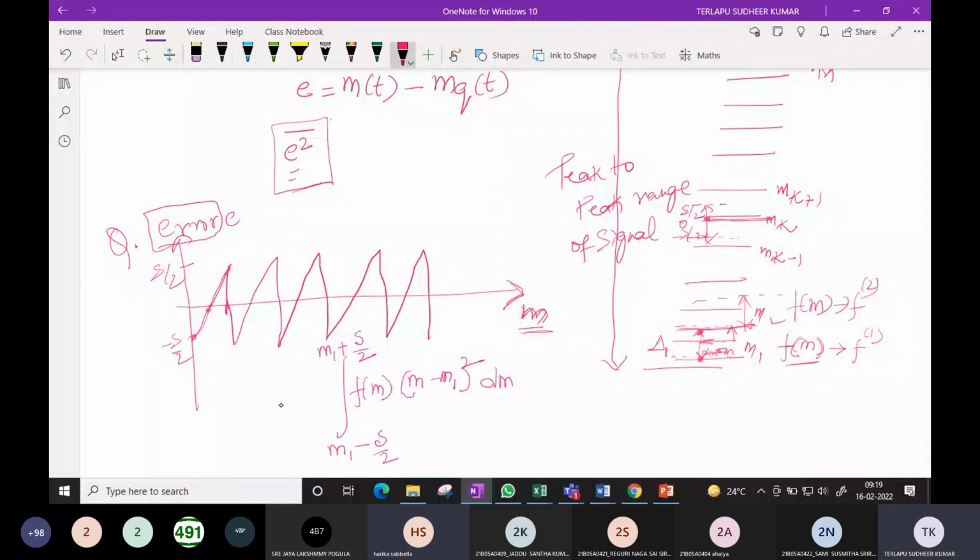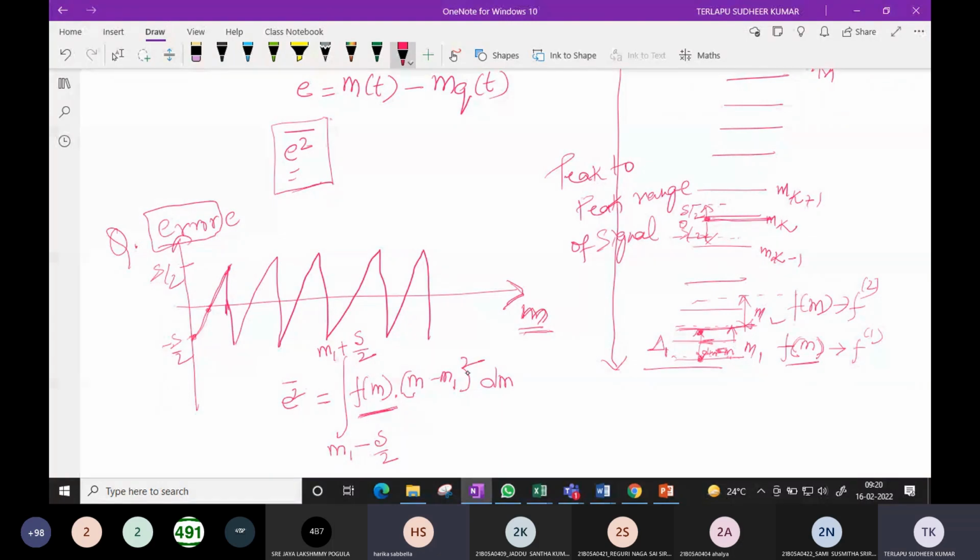So this is my mean square quantization error expression, where f of m is the probability of occurrence of the signal in this region, multiplied by m, the actual value, and m1 is the quantization level.